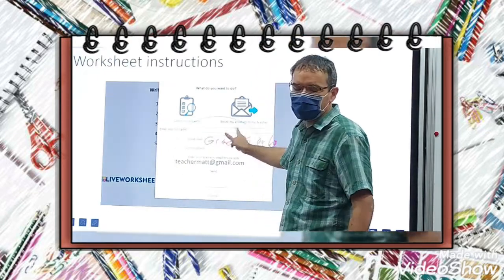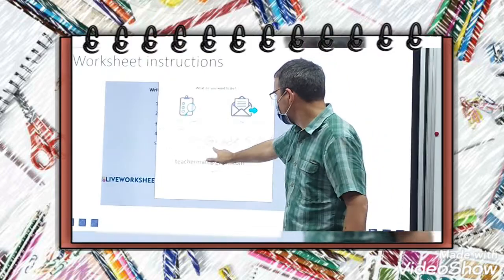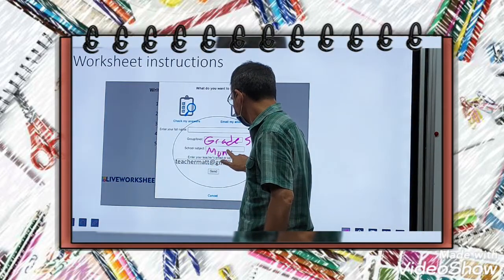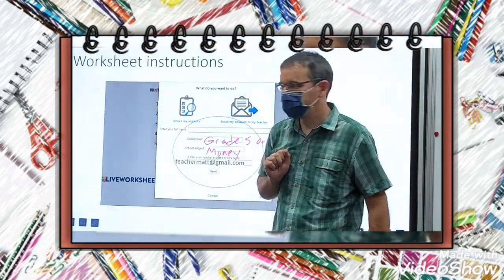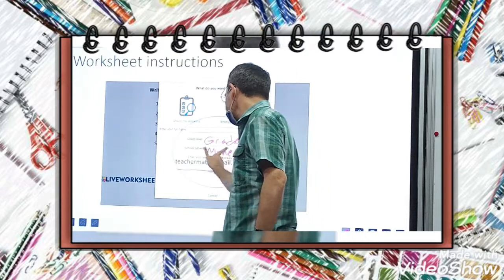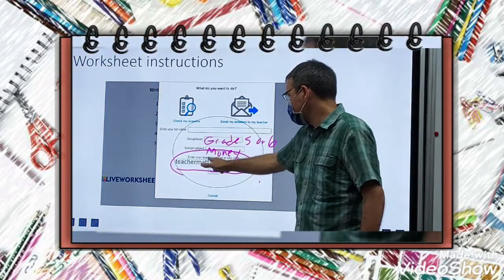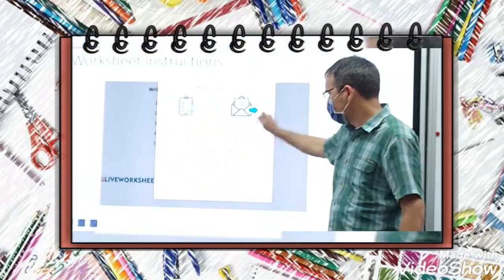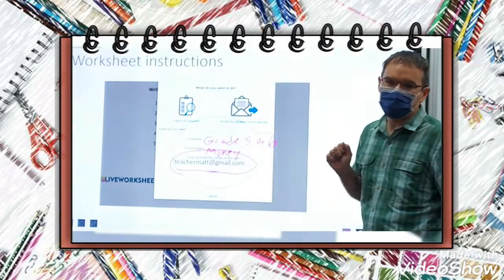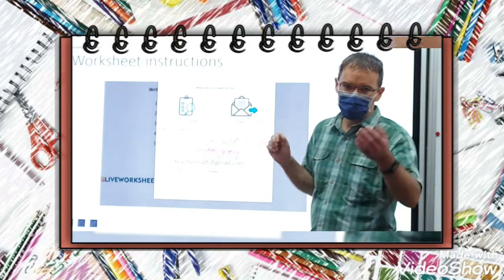So either write grade 5 or grade 6. School subject, you can put money. And here is my email address, teachermatt@gmail.com. So put my email address right here, press the send button, and it will send me your results of the worksheet.